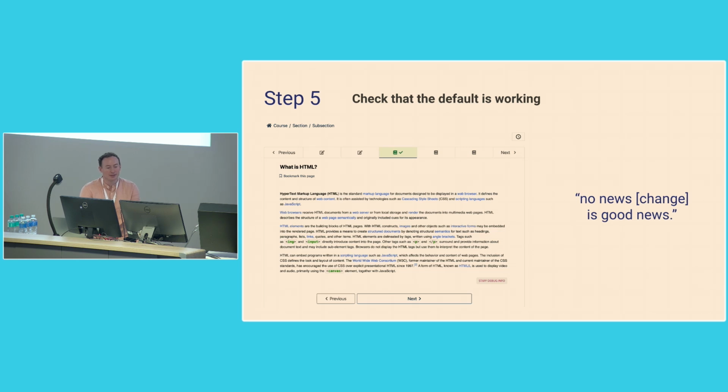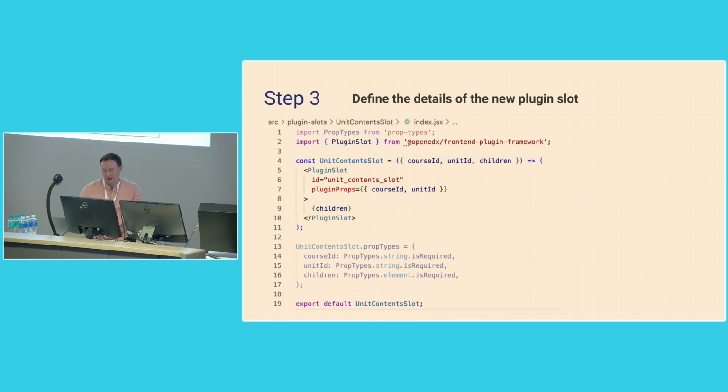Basically, this plugin slot is just a typical React component, and when it goes to render, it checks the configuration and looks for all the plugins that are registered with the same ID as the slot, as we'll get to in a later step, but we did it already in the earlier tutorial. Then there is a function that loops through each plugin, and one at a time it does what each plugin says.